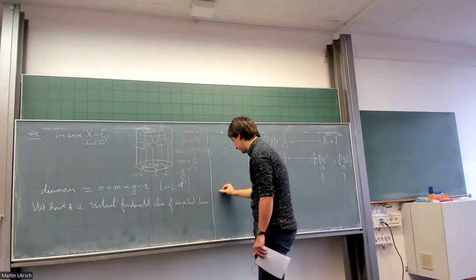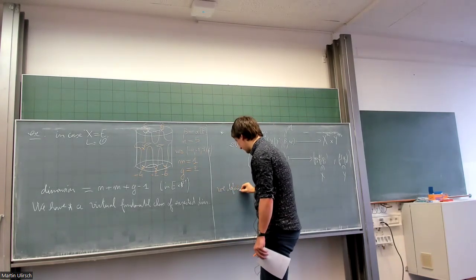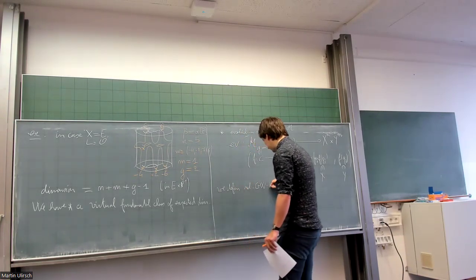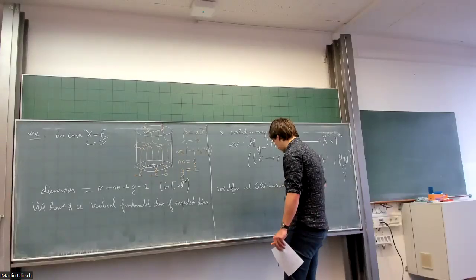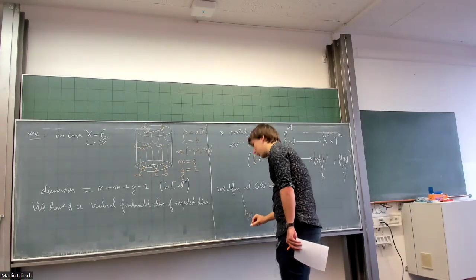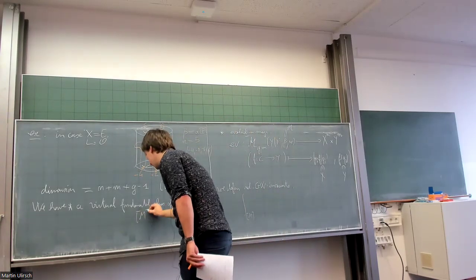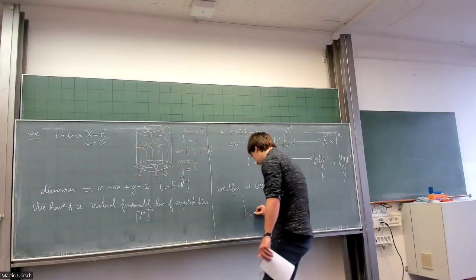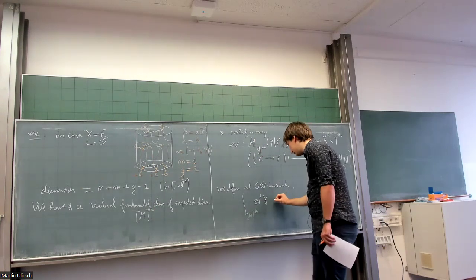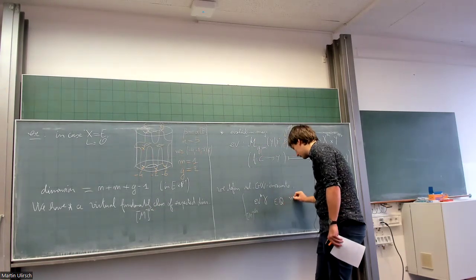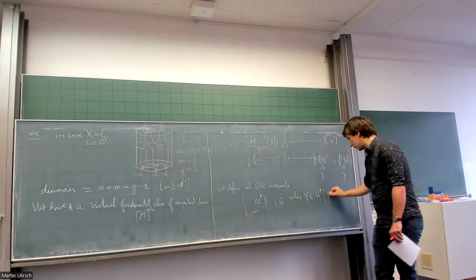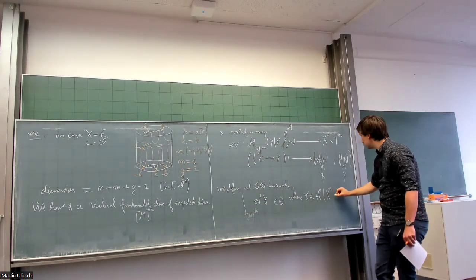And then we define relative Gromov-Witten invariants formally as intersection with the virtual fundamental class. I will denote it like this, of the pullback of a cohomology class of the target space.